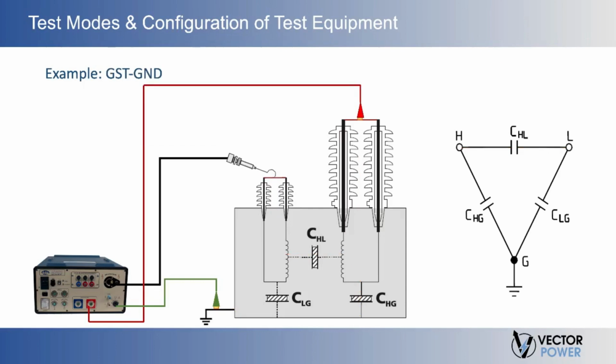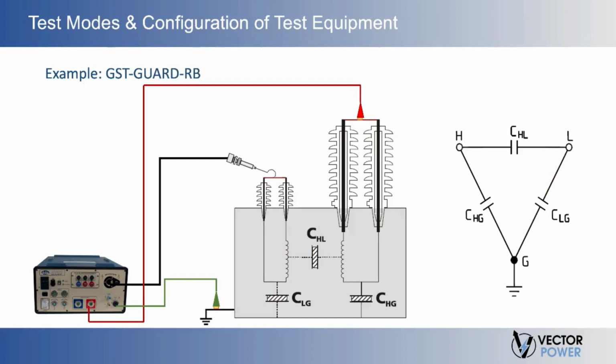And then we basically repeat all the tests, but we now apply the potential to the low side and measure to the high side. But we repeat all of the tests that were previously run. So again, the GST ground all. We now measure the low to high combined with the low to ground insulation components.